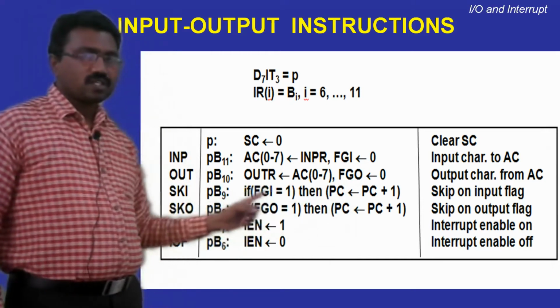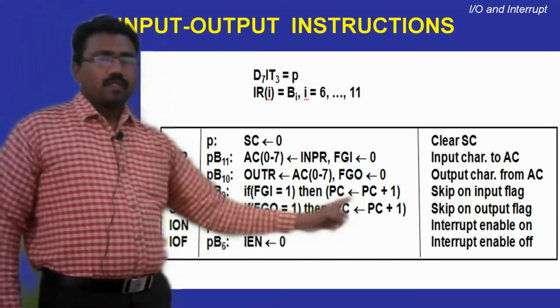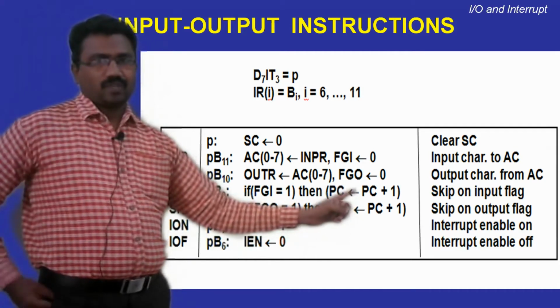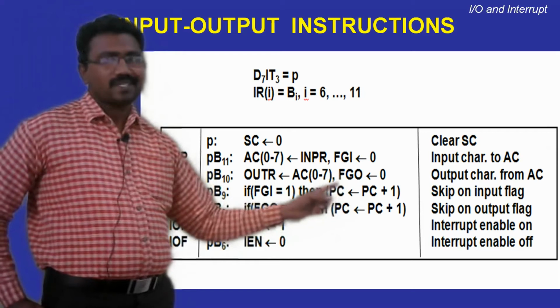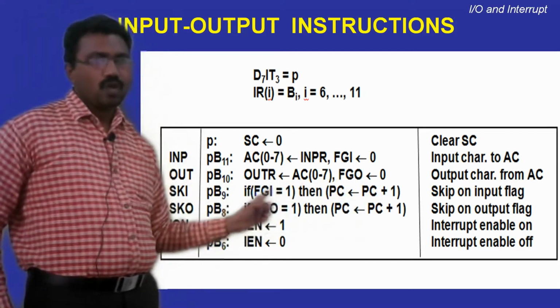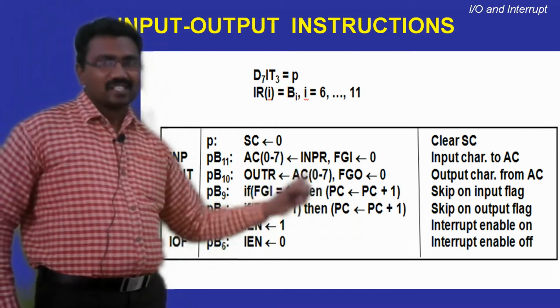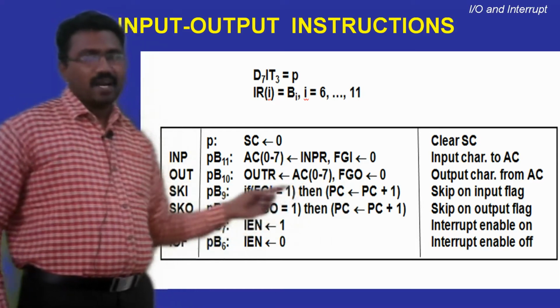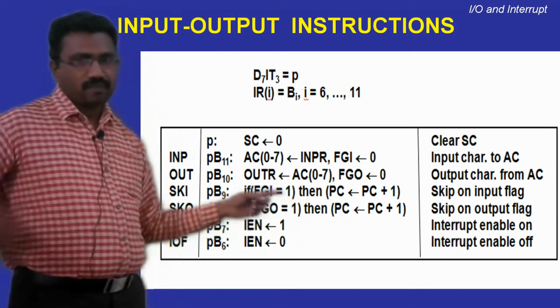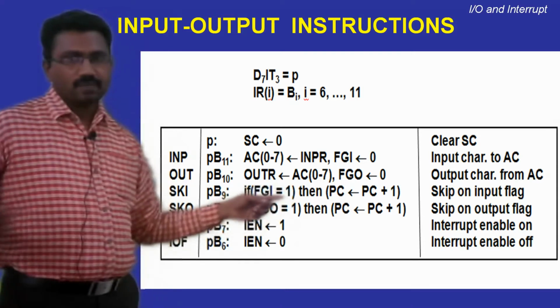Due to this instruction, if the condition is true, PC is incremented by 1 more, PC + 1 to PC, which means skip the next instruction. If the condition is false, that is FGI is equal to 0, control goes in sequence and there is no need to skip the next instruction.